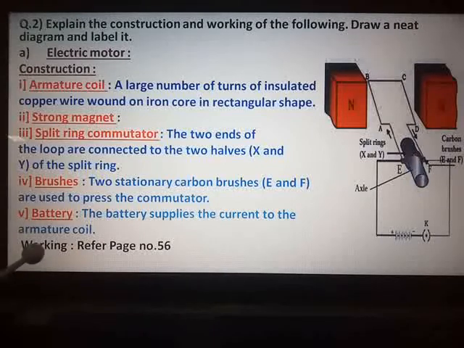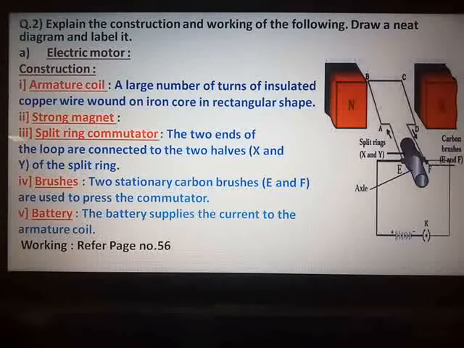For working, I have written here, refer to page number 56. Your second paragraph on page number 56 is the working. You just refer to this paragraph, shorten the points and prepare your working. Now they have given, when the circuit is completed, the current flows in the branch AB of the loop from A to B, and everything in short you have to write.